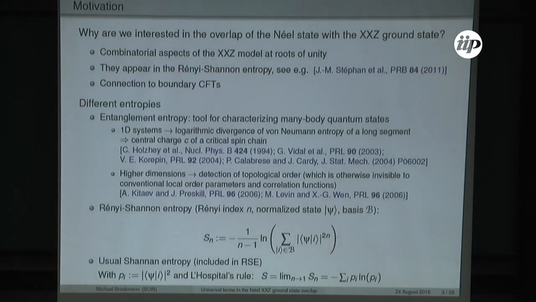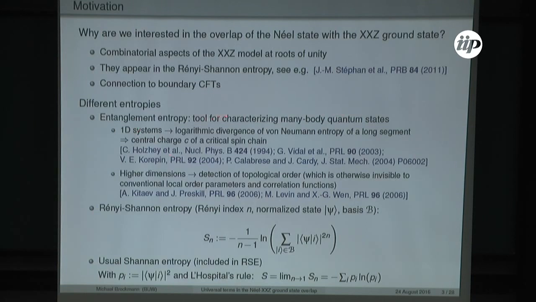There are different entropies from which you get some information about your underlying system, say a spin chain. The main example is the entanglement entropy, which is a tool for characterizing many body quantum states.